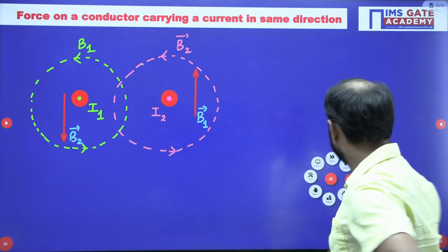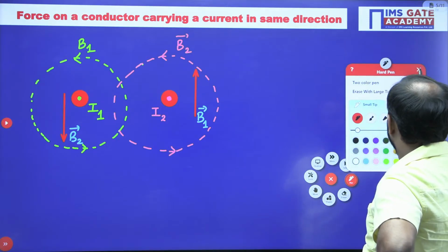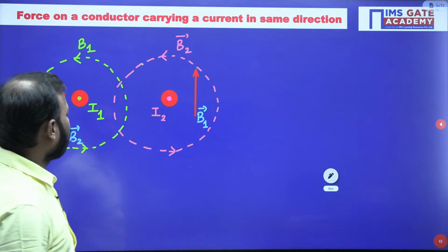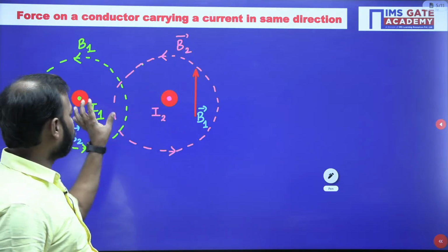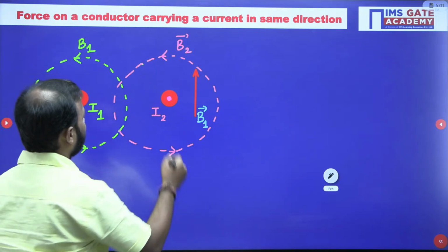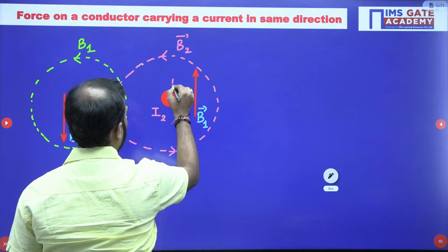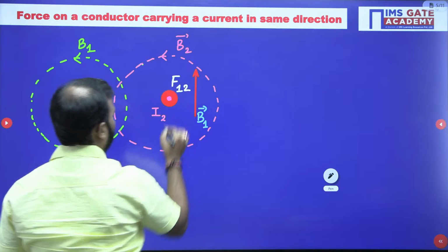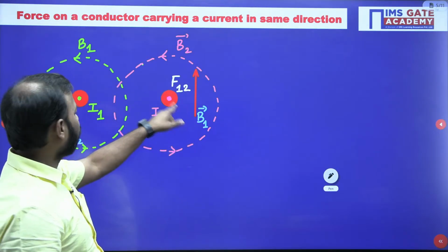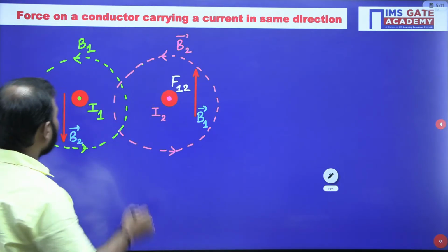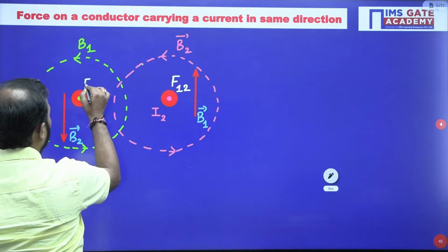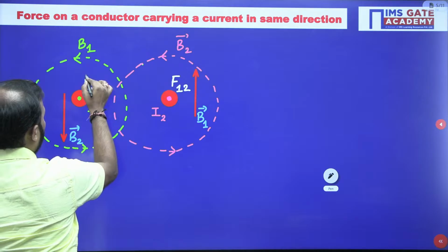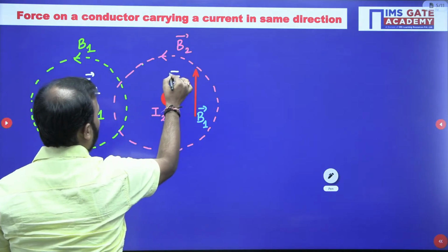Then the force on 2 due to 1 is F12. Similarly, the force on 1 due to 2 will be F21.